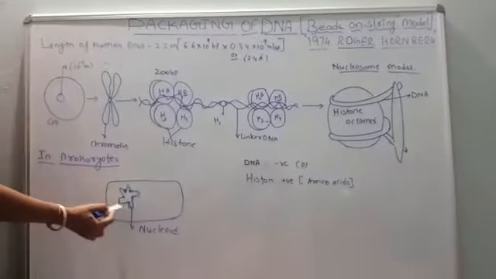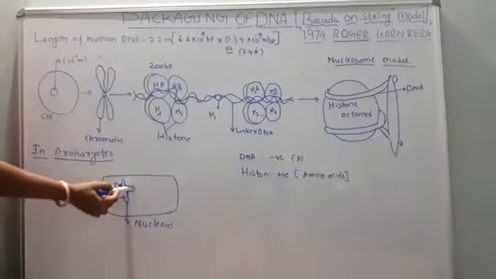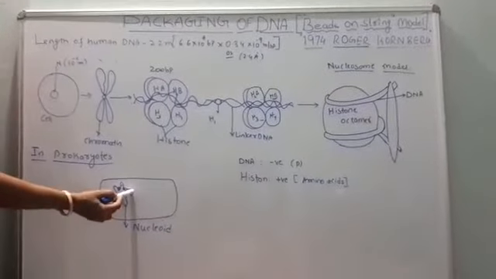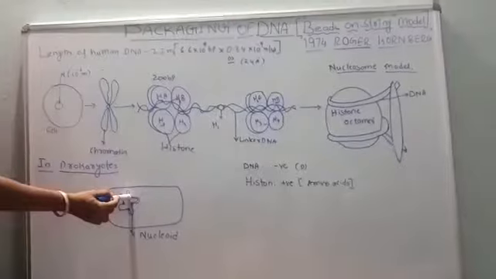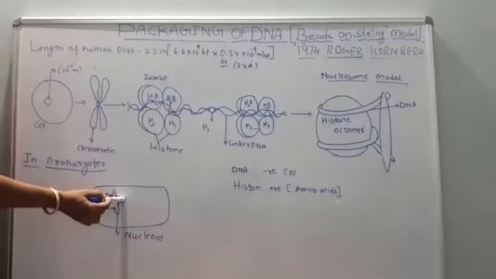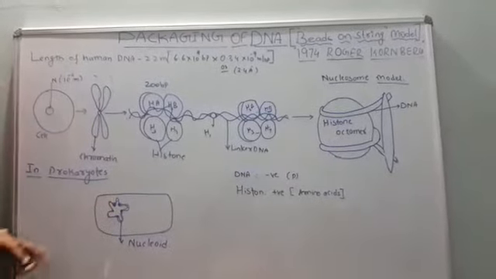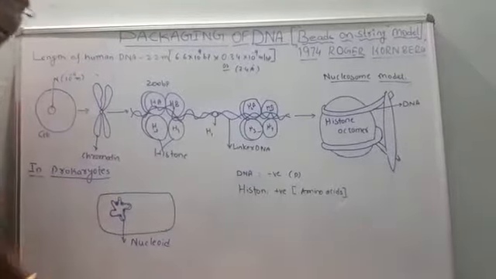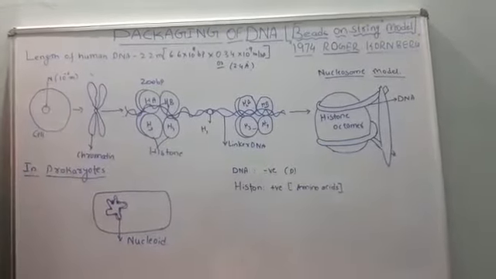Instead, the DNA forms a small loop in the cell. The negatively charged DNA molecule associates with the positively charged protein molecules. Thus protein molecules and DNA molecule attach with each other and together form a structure known as the nucleoid. This is the case in prokaryotes.